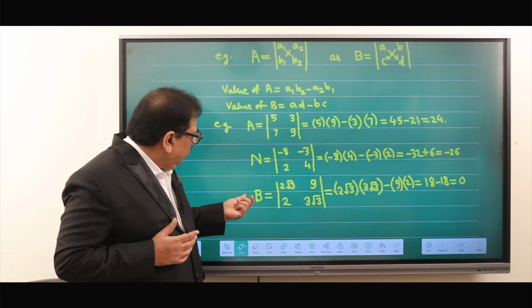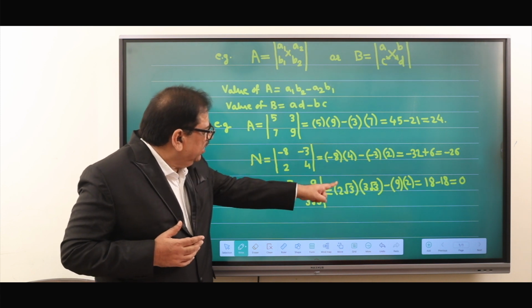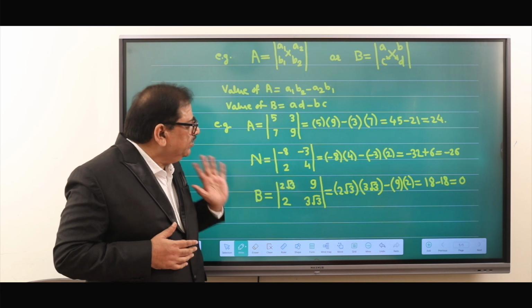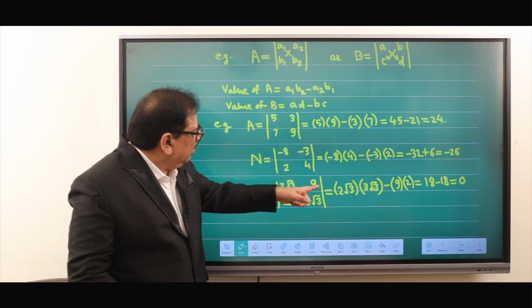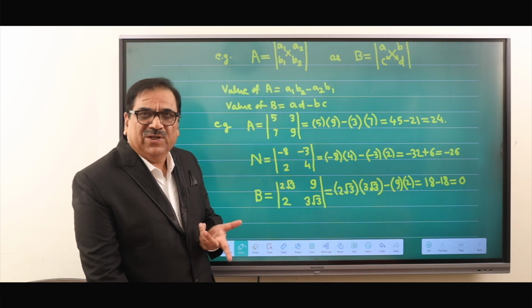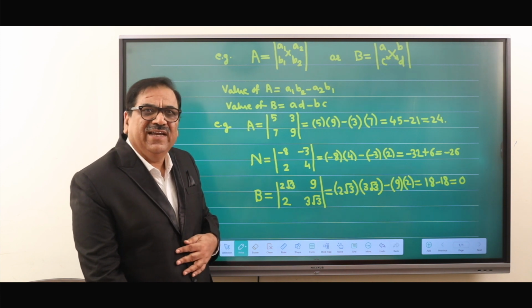So the value of B is this number into this number, 2 root 3 into 3 root 3 minus 9 into 2. Look here, root 3 into root 3 is 3. 2 into 3 is 6. 6 into 3 is 18.